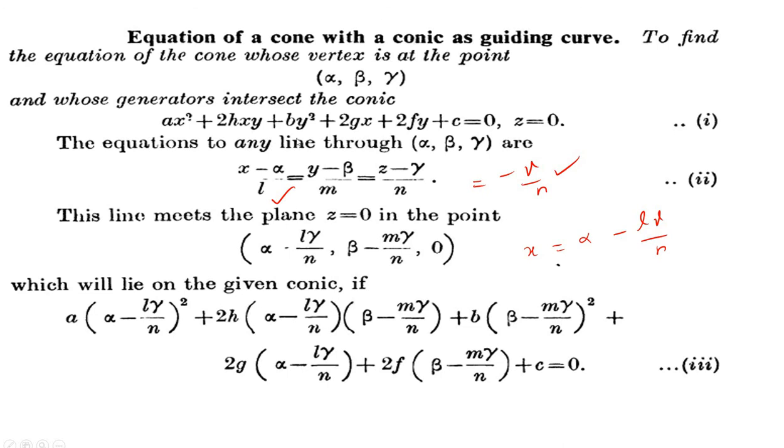So that is the technique. You have to find the equation of the line through alpha, beta, gamma, and when it meets z equal to 0, you get the point, and the point should lie on the given conic.